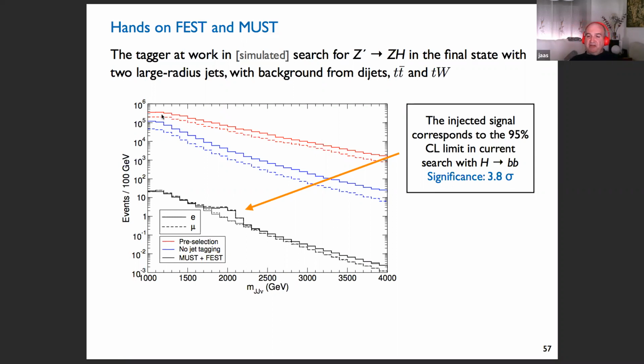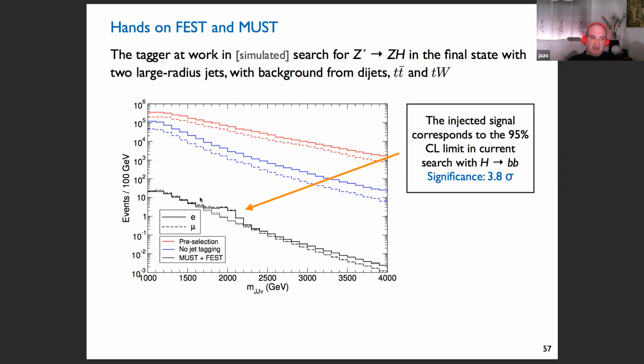Already when you require a lepton in the jet, even so, it's a search for a resonance, a Z prime decaying into a Z and a Higgs boson in the jet final state, and the background is as large as this, even after requiring that one of the jets has one lepton. Well, after applying some cuts and applying the target, you inject a signal and you can see it.